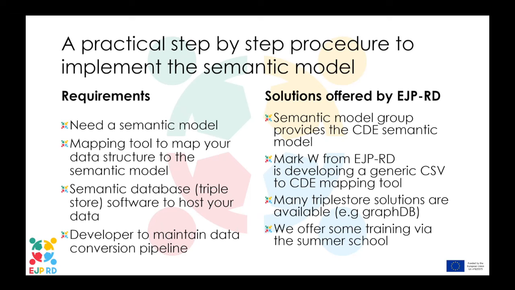The third thing is that once you have a semantic model, you have to host that data somewhere, right? We usually use a triple store to host semantic model databases. There are many triple store solutions available, some of them free and some commercial, but you can get a free version and later move to a commercial version. For example, GraphDB is really good. It has an authentication layer on top of it, so you can lock your data and provide it only to authorized persons.